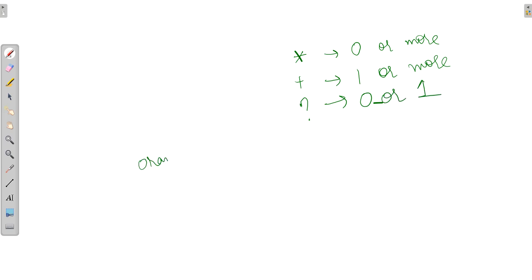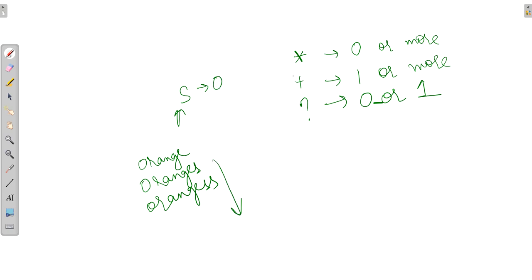Now in a string we have orange, oranges, oranges. That means there is a probability of S that it can be 0 or more. So here I won't be using plus sign. Now I need to choose between asterisk and question mark.